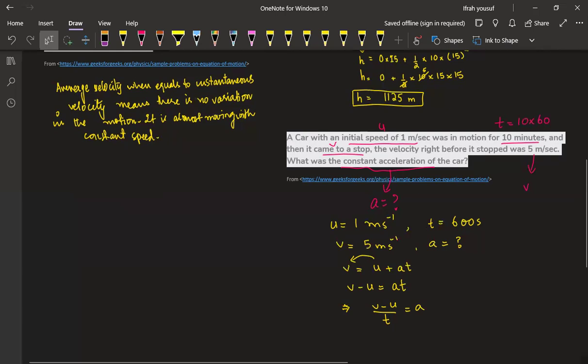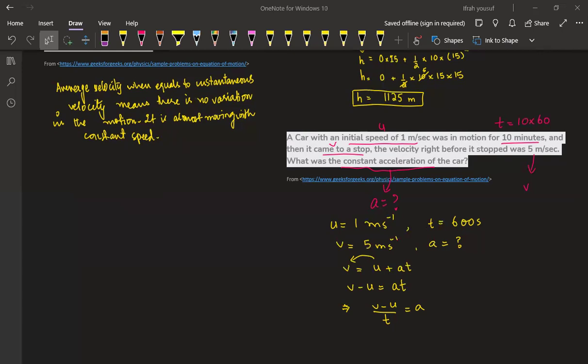So tell me the answer. What is the final answer? So it will be 5 minus 1 divided by 600, which is 4 divided by 600, which is 1 over 150.